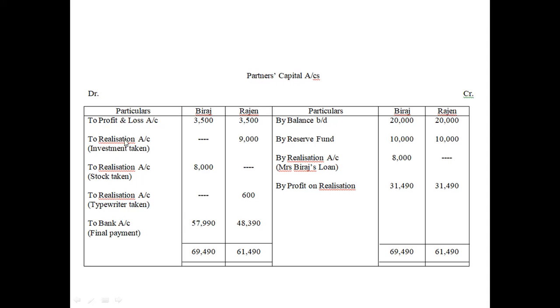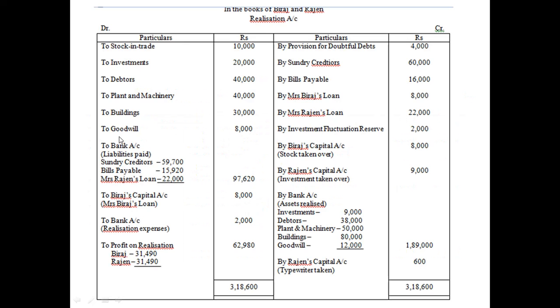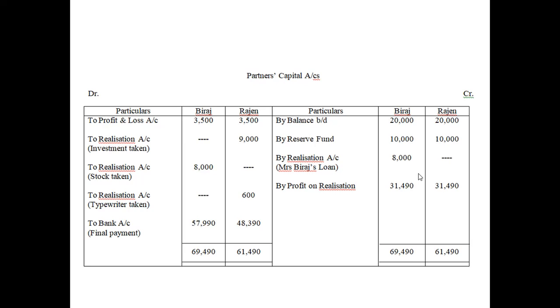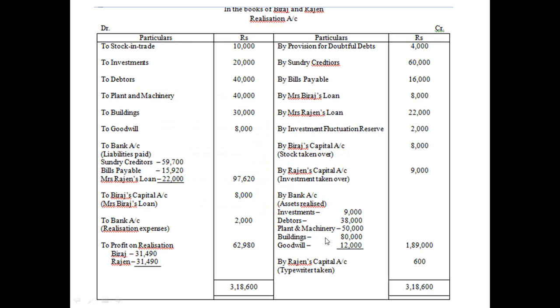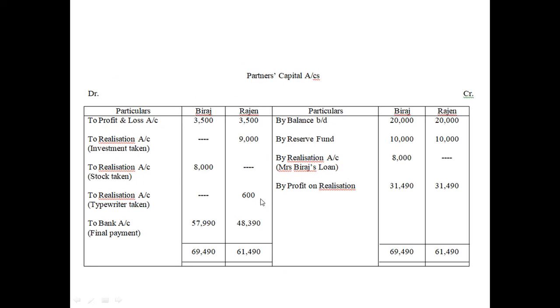After that, we have one more entry of Rajan of investment taken over at rupees 9,000. So this 9,000 will be recorded here. After that, again, Rajan is taking over the typewriter at rupees 600. So this 600 will be here.